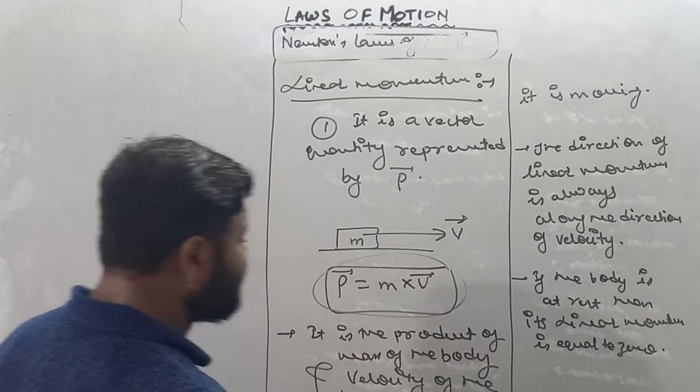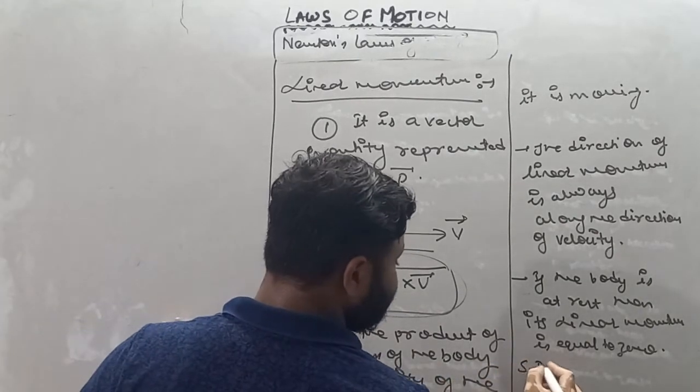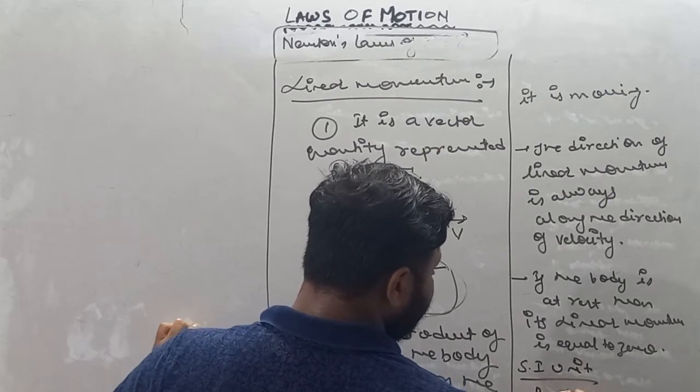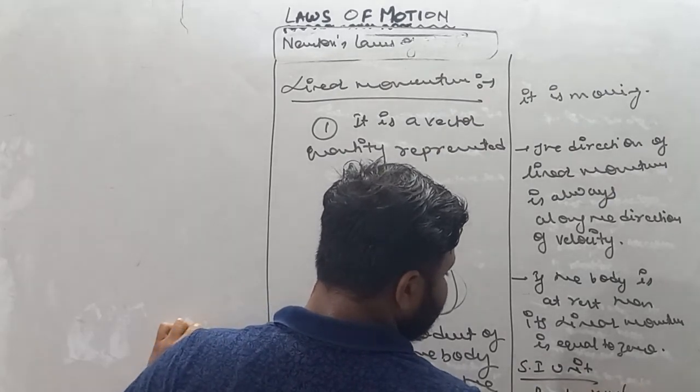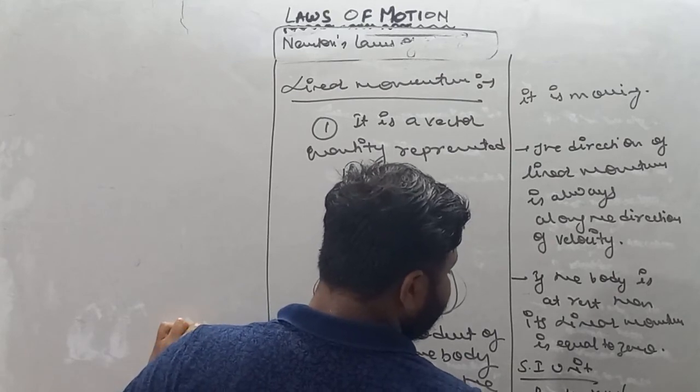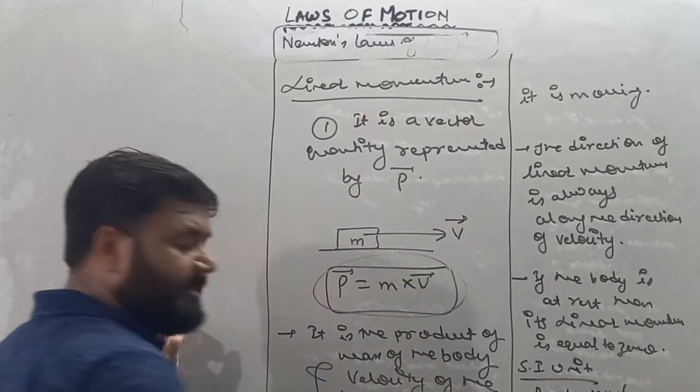Now see, the SI unit of linear momentum. P is mass into velocity. Mass is in kg and velocity is in meter per second. So the SI unit of linear momentum is kg meter per second.